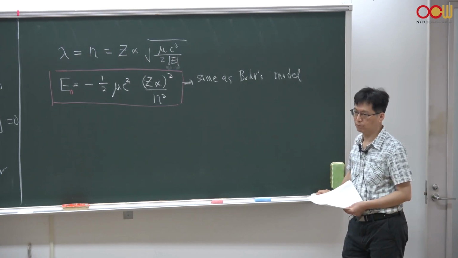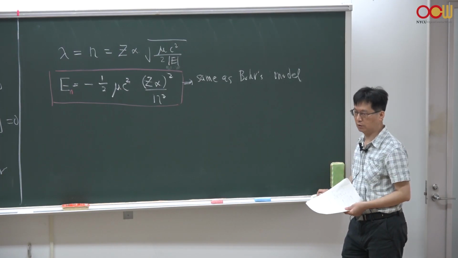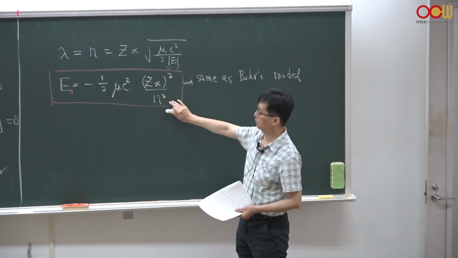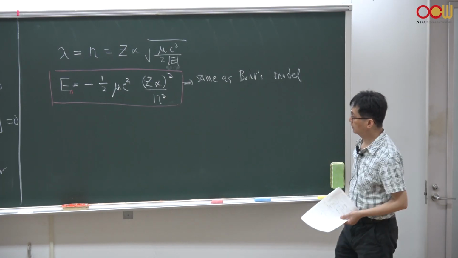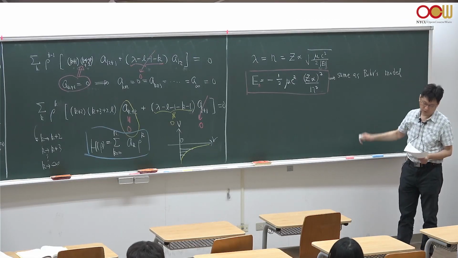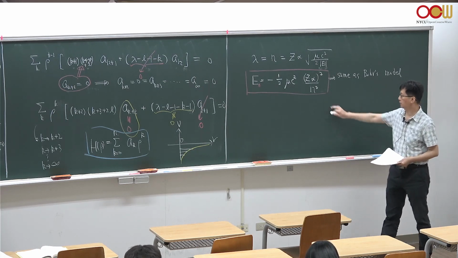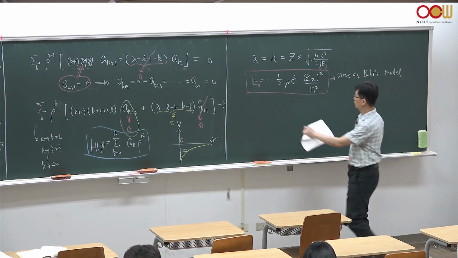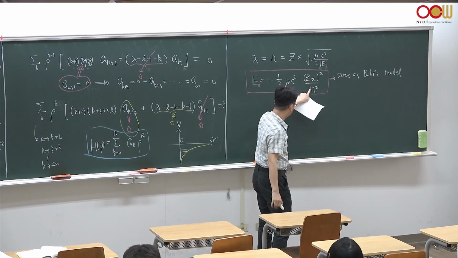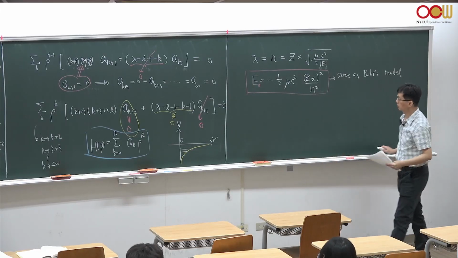And then from that quantized angular momentum carried by the electrons circling around the circular orbits of the nucleus, you could derive such quantized eigenenergies. But here we don't go through Bohr's semi-classical treatment, but we go directly by solving the Schrödinger equation, and we find exactly the same result. So the energy is quantized with the minus sign, and is inversely proportional to the principal quantum number n squared. And this is a very important result.